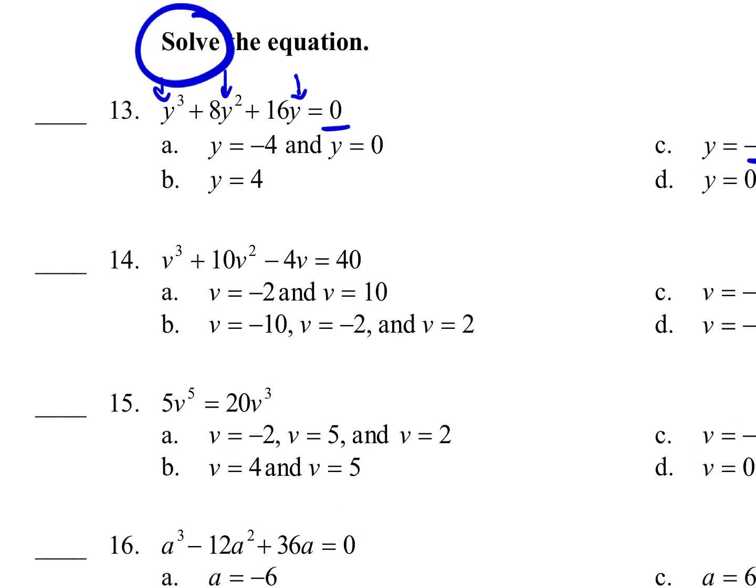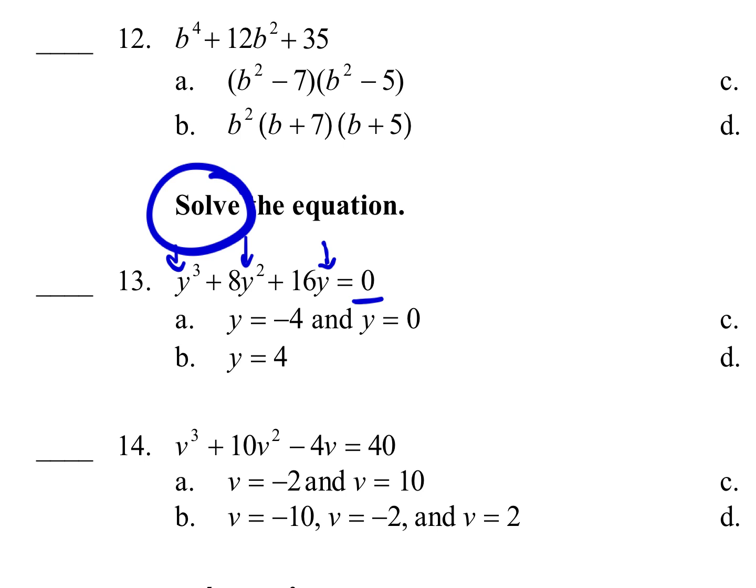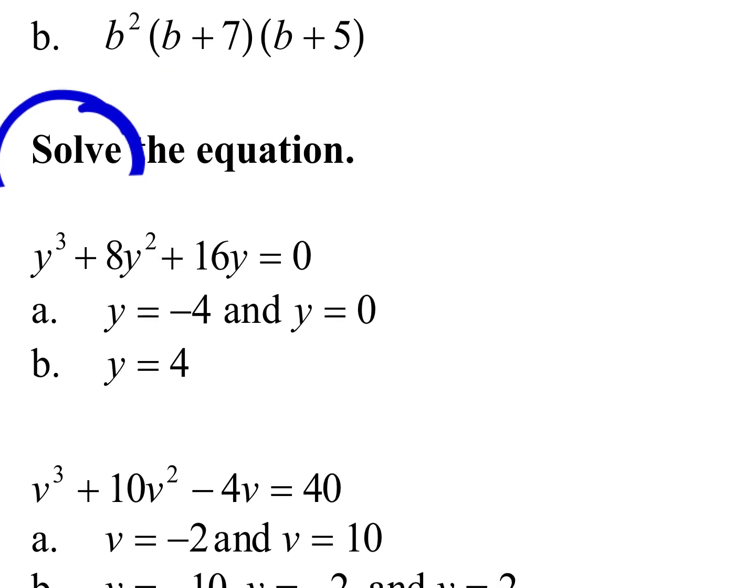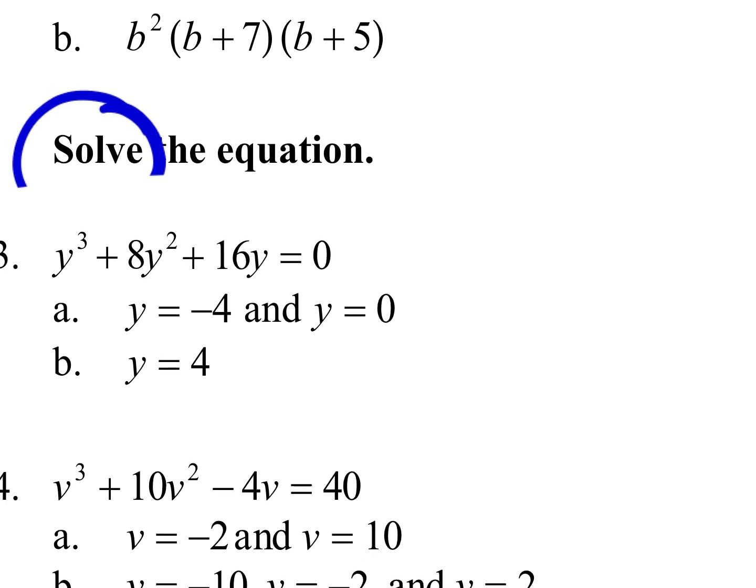All right, next, let's take a look at 13. So we talked about this a little bit before where it says solve. You could always plug your answer choices back in to see if it works, or you can just factor this to solve. So when we factor it, do we have a GCF? Yeah. Each term has a y, so we could take out a y.